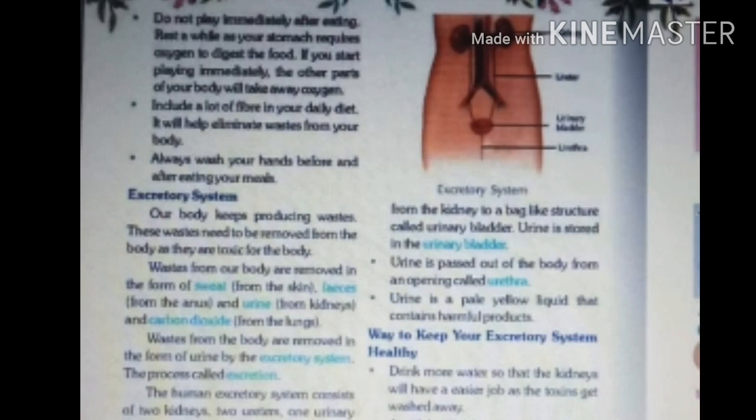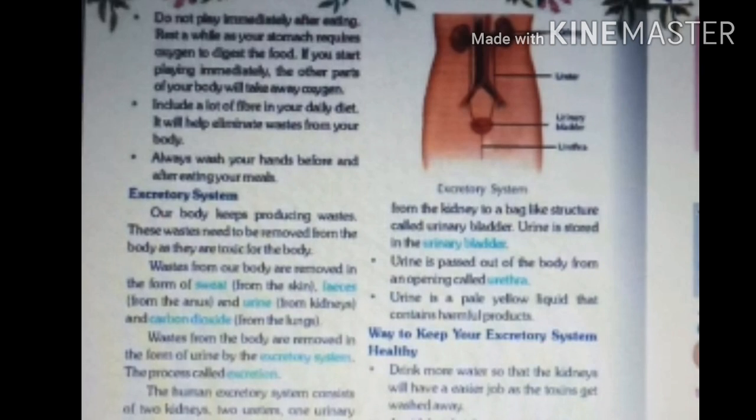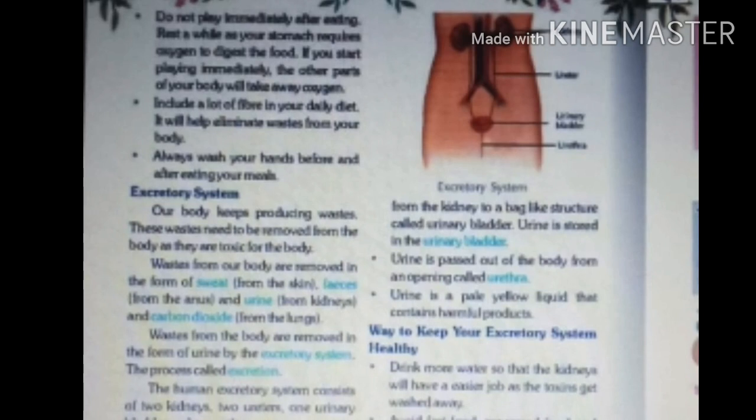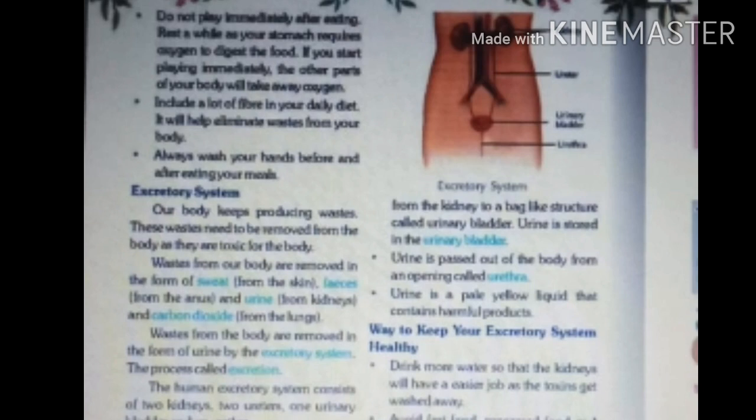Next healthy habit is, do not play immediately after eating. Rest a while, as your stomach requires oxygen to digest the food. If you start playing immediately, the other parts of your body will take away oxygen.